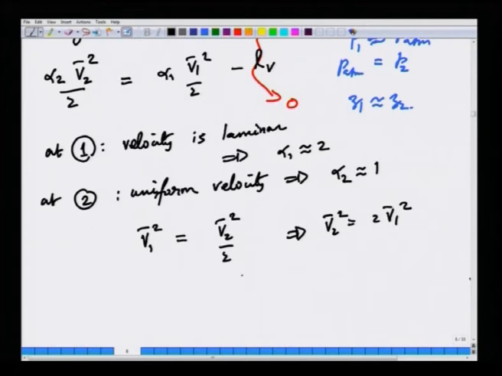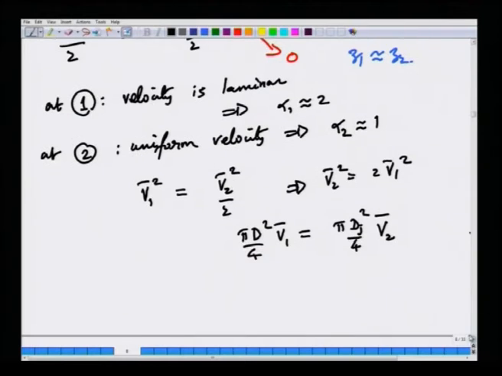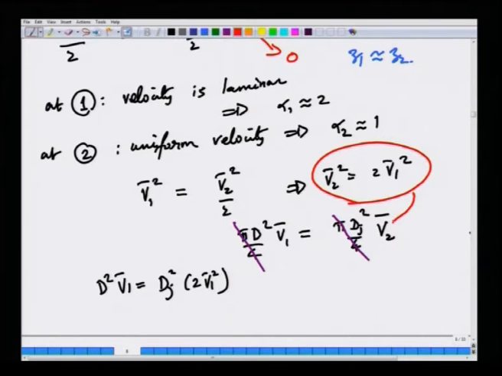We also have the mass conservation: pi d squared by 4 times V1 is pi dj squared by 4 times V2. So, let us cancel the pi by 4 terms on both sides. So you get d squared V1 is equal to dj squared times V2, and V2 squared is 2 V1 squared from here. I am going to substitute.